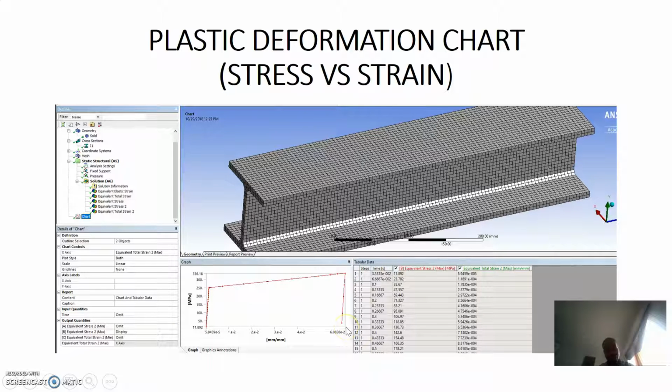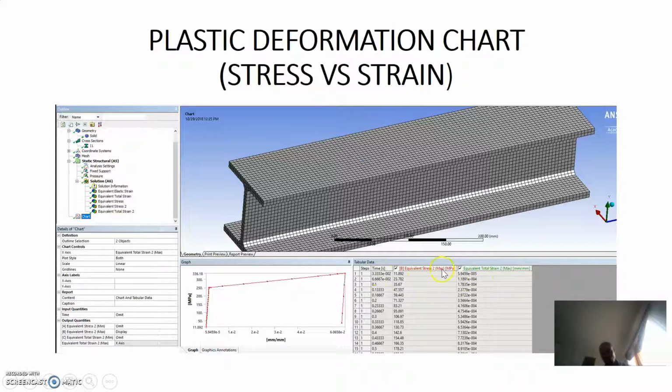That is why it is very important to do two steps, because it is going to load and unload. If we don't unload, we are not going to have this side right here. From here to here is the plastic region, while from here to here is the elastic region of my system. And this is the data generated in ANSYS, showing every increment in time, in strain, and in stress.